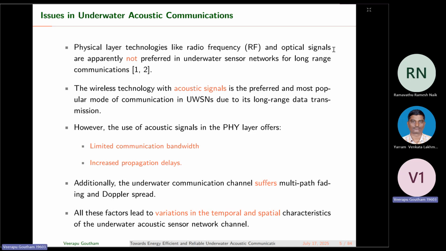Acoustic signals in air, like ground, travel at about 300 meters per second. When you compare acoustic signals in air and water, acoustic signals will travel better in water. But when compared with RF and acoustic, the propagation delays are very high.